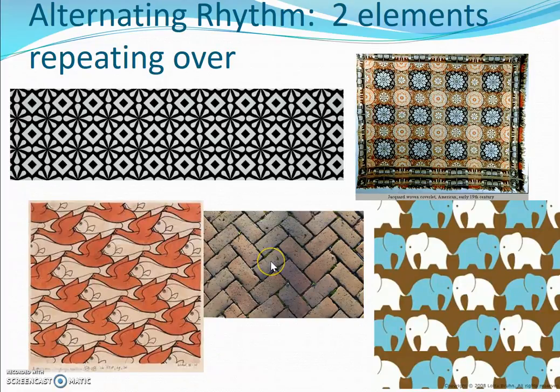This is very alternating as well, but the only thing that's changing is the direction and the placement of the brick. The brick itself is the same throughout, just the positioning has changed. And here is a more obvious alternating, fish to bird to fish to bird. So the color is alternating and the particular motif is alternating.